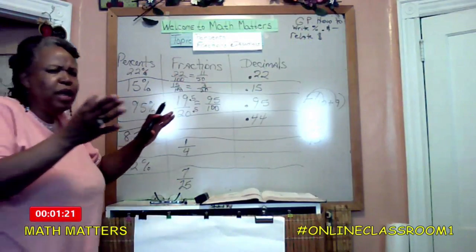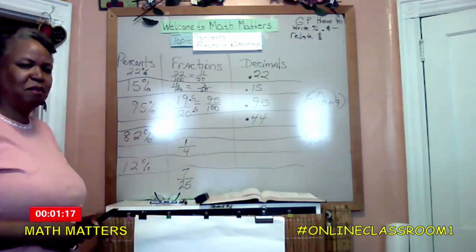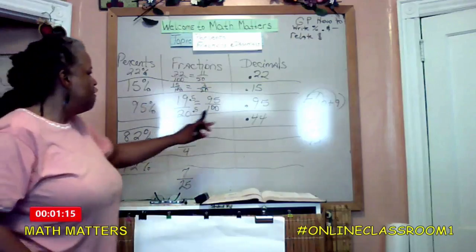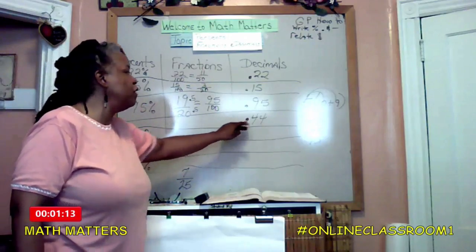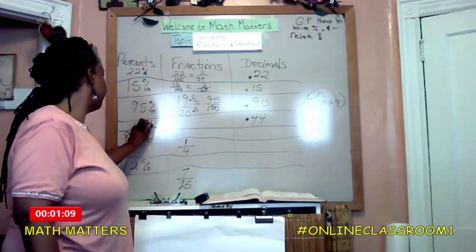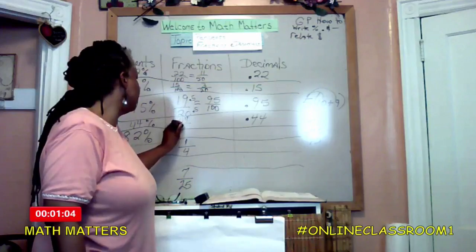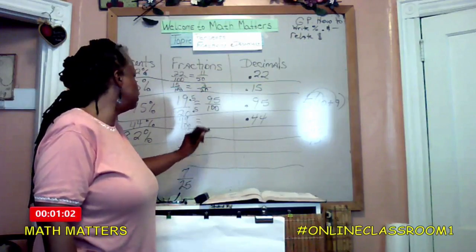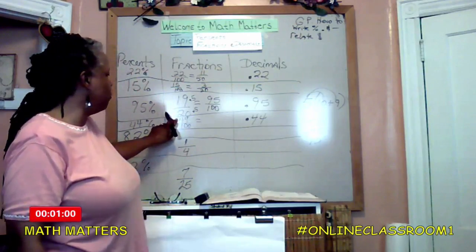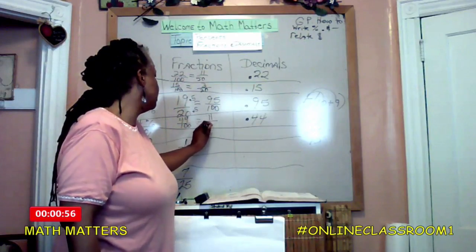Is this flowing? Flow with me, people. Flow, flow, flow. 44% or 44 cents looks like 44%. And it looks like 44 out of 100, which reduces to, let's see, I see a 4 here and a 4 here, which reduces to 11 out of 25.